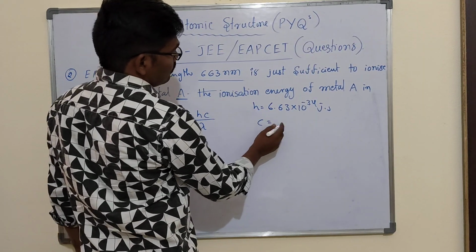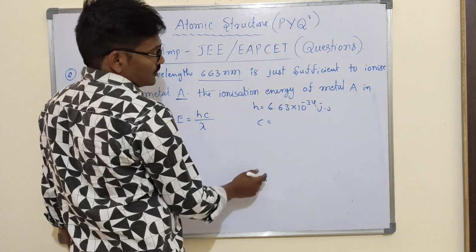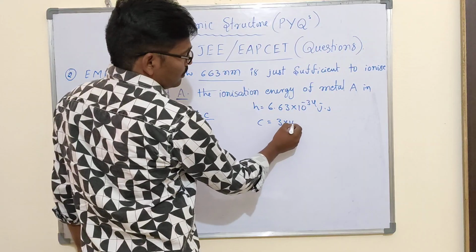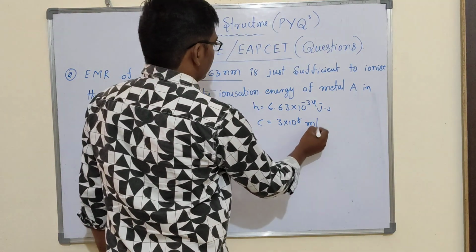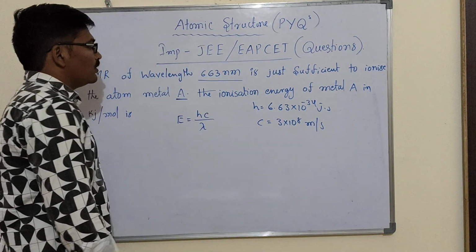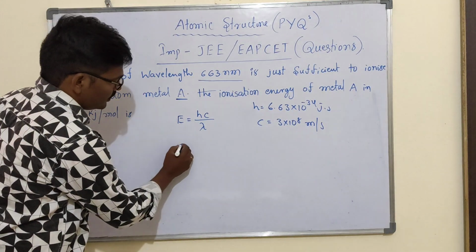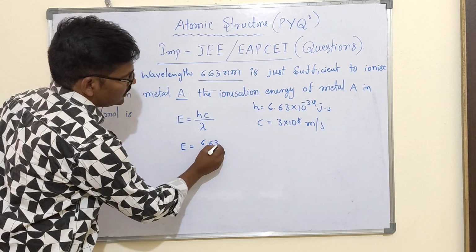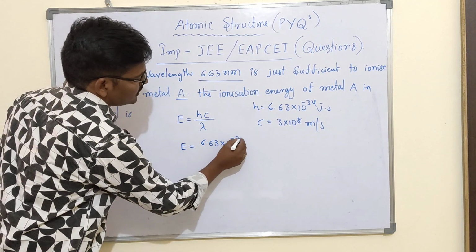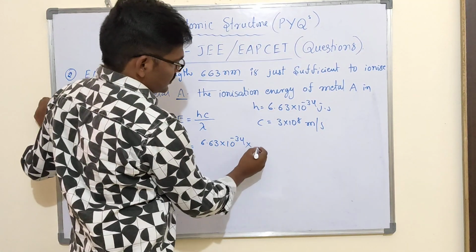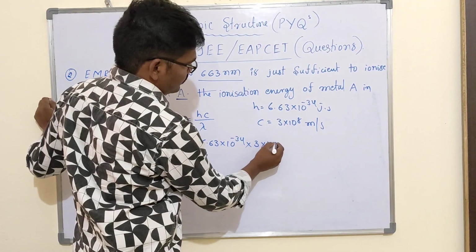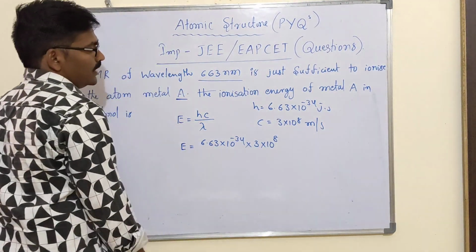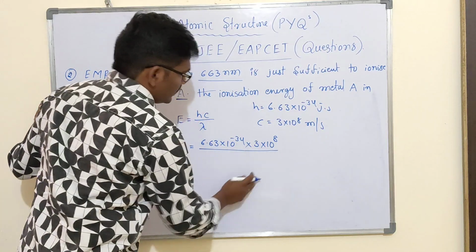Then c equals 3 into 10 to the power of 8 meters per second. Then what do we have to find out? Energy. So energy E equals h value 6.63 into 10 to the power of minus 34 into 3 into 10 to the power of 8, divided by lambda.